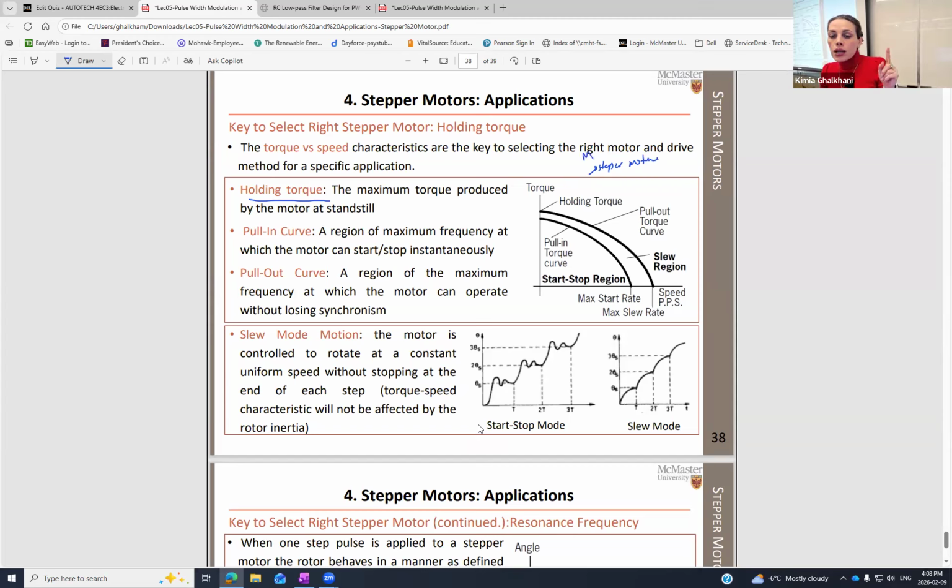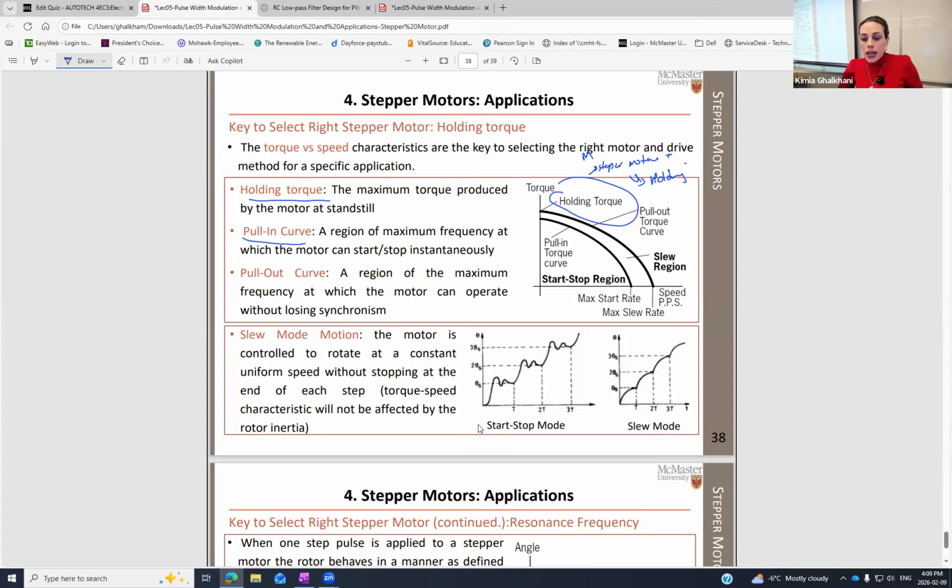It means for how long a stepper motor can hold that speed without being damaged. So the quality of a stepper motor is a function of how long it can maintain the maximum speed. If that maximum is, for example, 100 or 200, for how long can it hold it? That's going to give me the quality of that stepper motor.